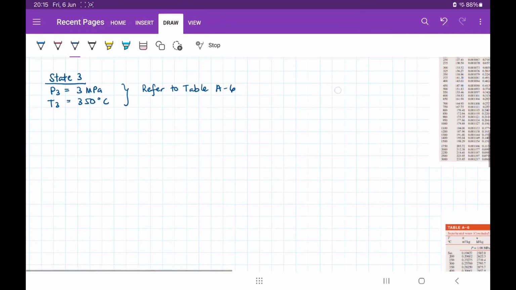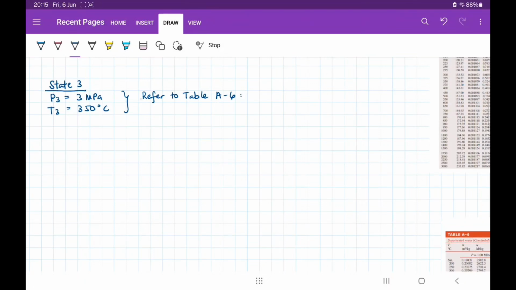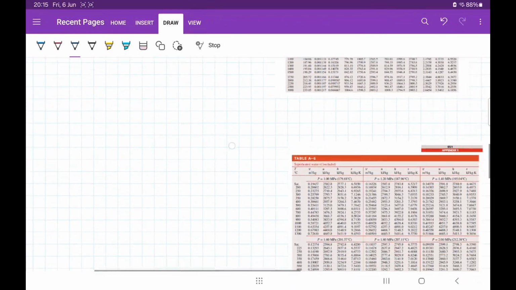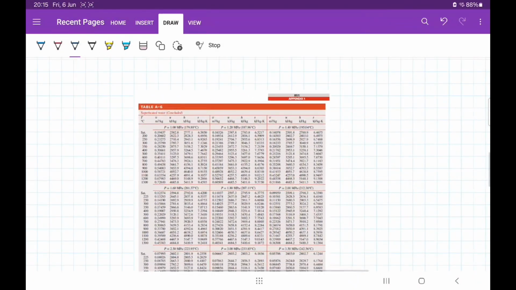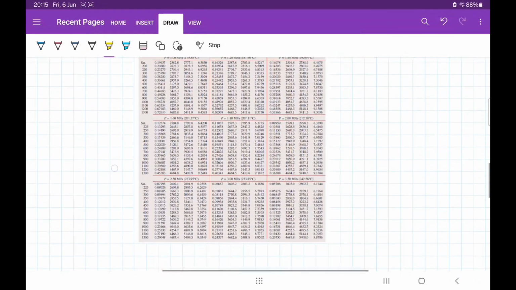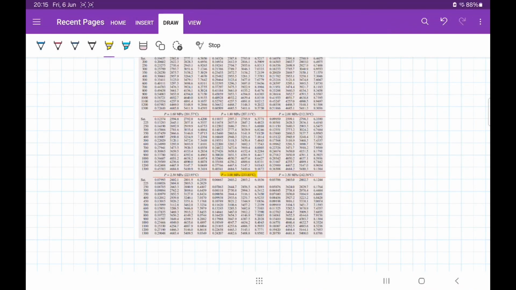Okay, so again for table A6, remember our objective is to get the enthalpy at point 3. So let's go to table A6. 3 megapascal. Where is 3 megapascal? Okay, it's here, 3 megapascal, and what we want is the enthalpy.